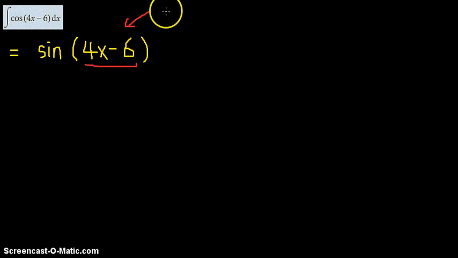I hope your answer is chain rule. If I just differentiate sine of 4x minus 6, I do get the cosine of 4x minus 6, but at the same time I need to differentiate the linear part as well.